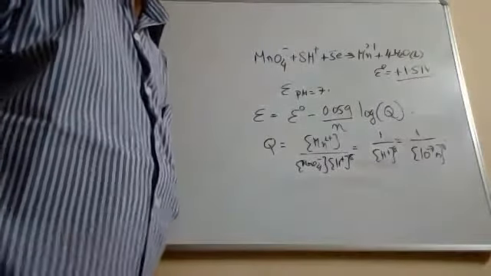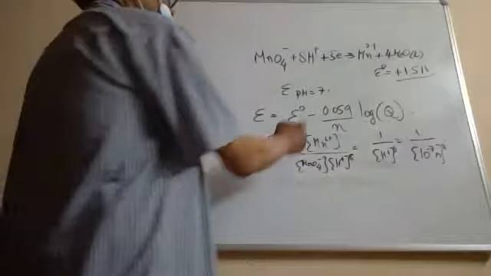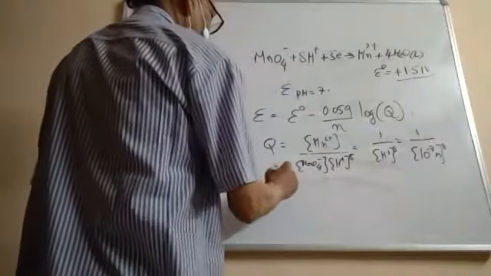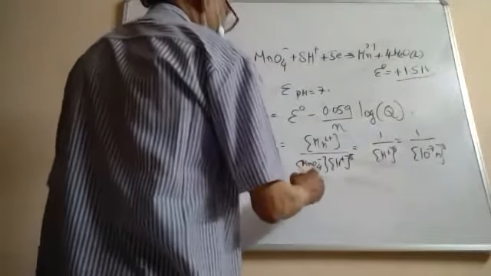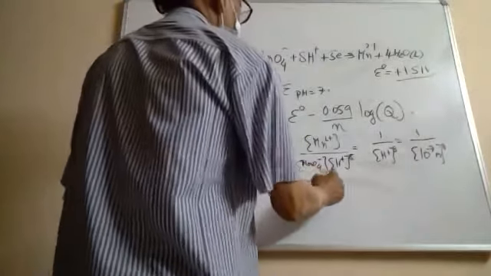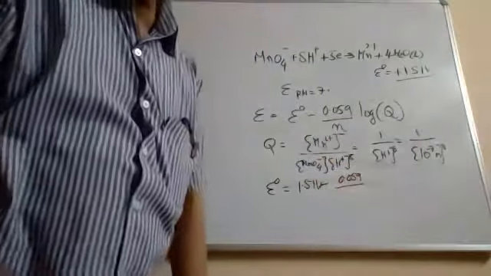What I want you to do now is go back to this equation. So E equals 1.51 volts minus 0.059 divided by, what should be the value of n here, folks?